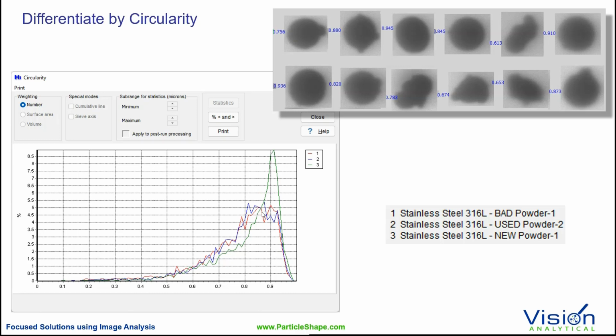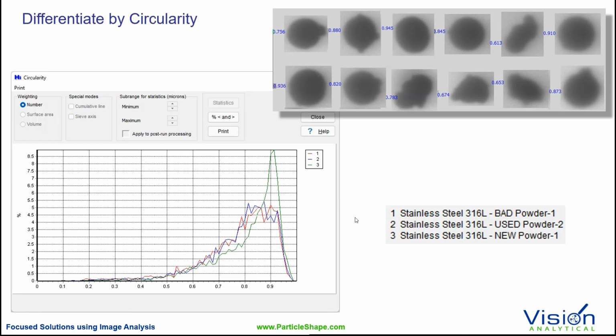Then we can see the red and the blue powder, where you start getting a larger amount of particles that are not as round. And just to let you know, circularity is a fraction measure, as is smoothness, and these measures are not dependent on size. So the particles could be larger or smaller, but the circularity is independent of size.